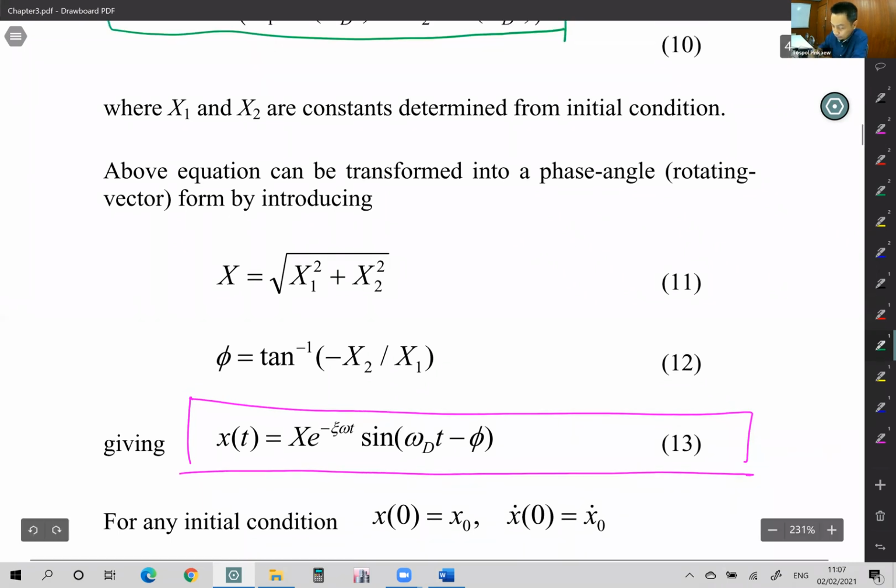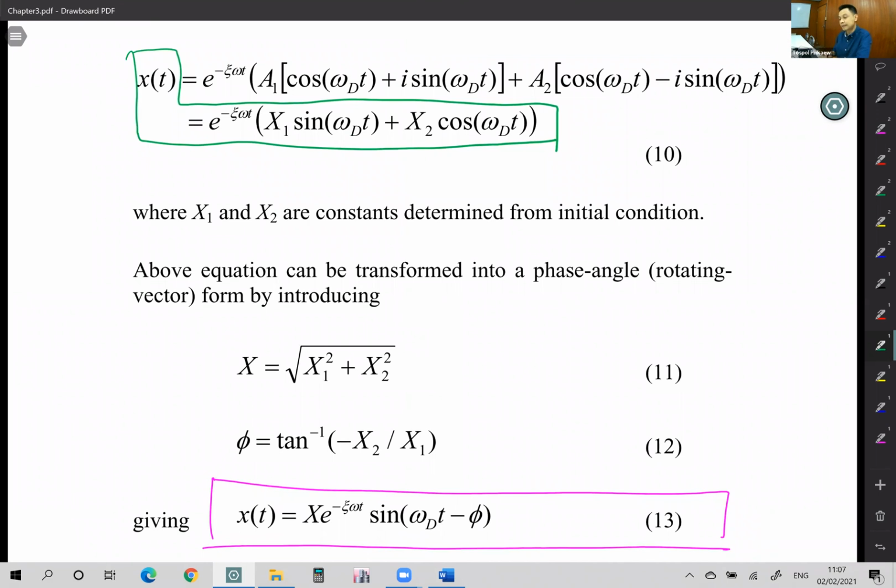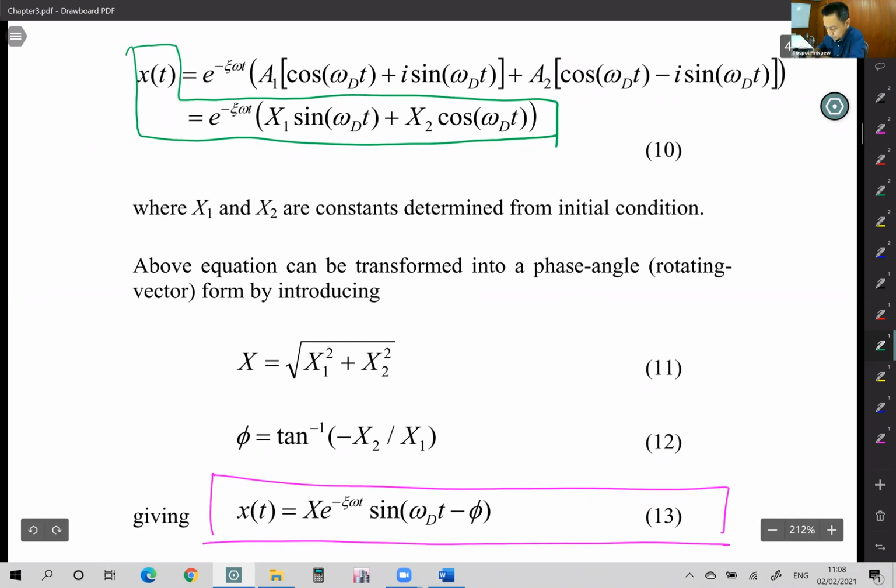Okay, see, either you use equation number 10 or equation number 13, both of them contain two arbitrary constants. Equation 10 contains X1 and X2 as your arbitrary constants. Equation number 13 contains the big X and the phi angle as the two arbitrary constants for you.